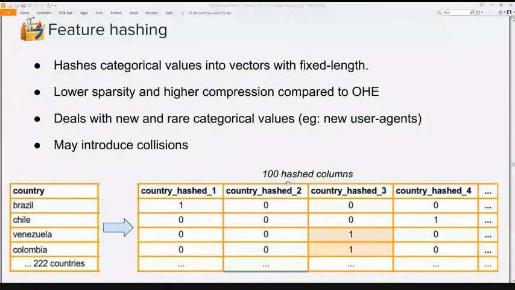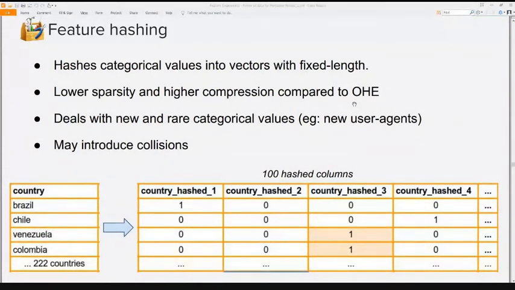We have what is called feature hashing. It hashes categorical values into vectors with a fixed length. It offers lower sparsity and higher compression compared to one-hot encoding.